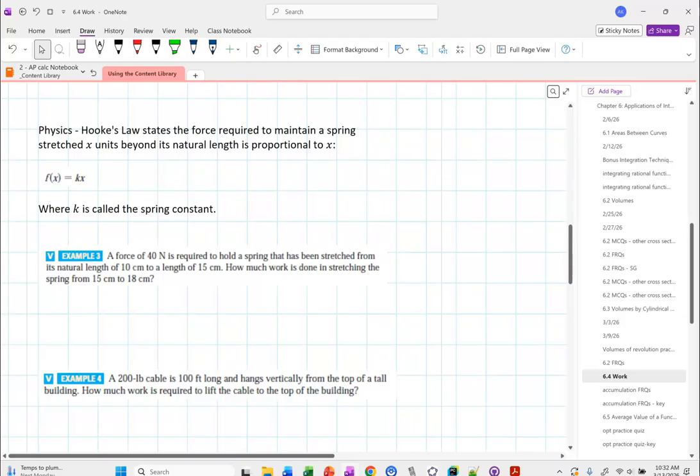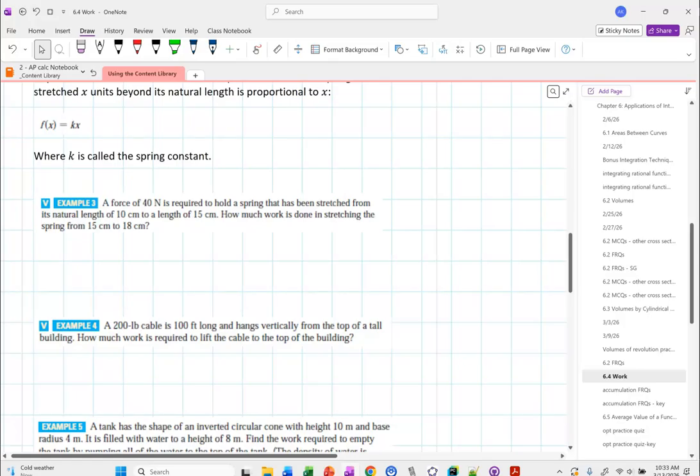All right. You guys talk about springs in physics? Okay. So Hooke's law describes the forces or the interaction of springs. Hooke's law says the force required to maintain a spring stretched x units beyond its natural length is proportional to x, i.e., that force is equal to k times x, where k we refer to as the spring constant.